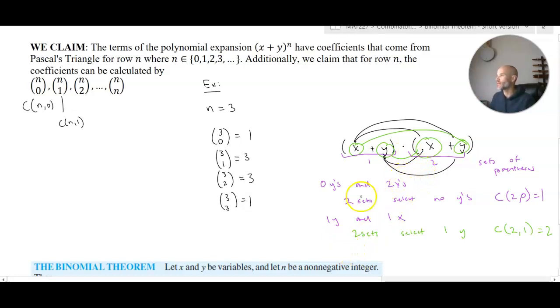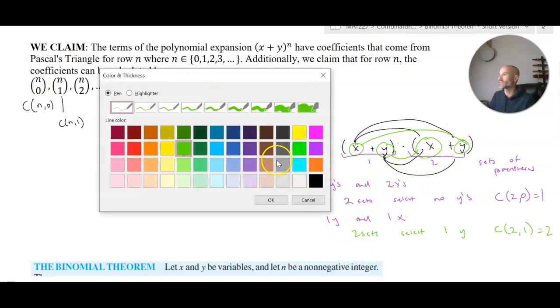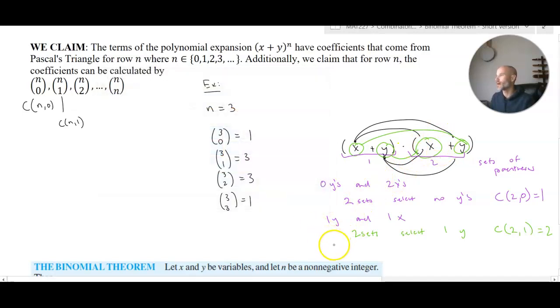And finally, to select 2 y's and 0 x's, well, that means from 2 sets, select both y's, and 2 combination 2 gives me 1.